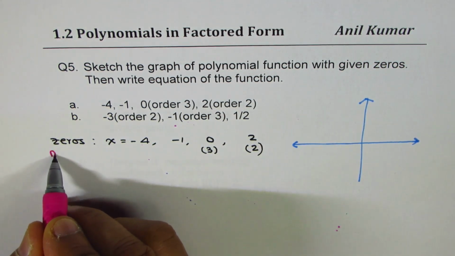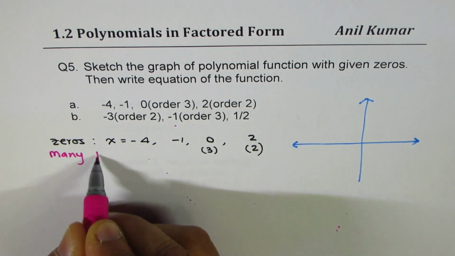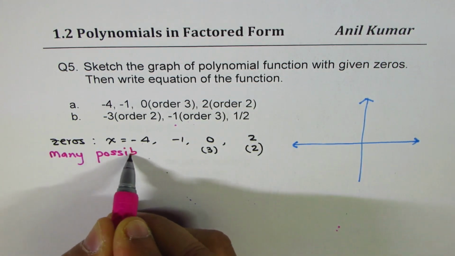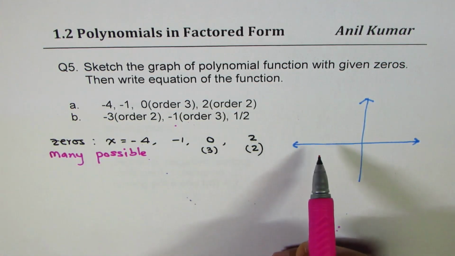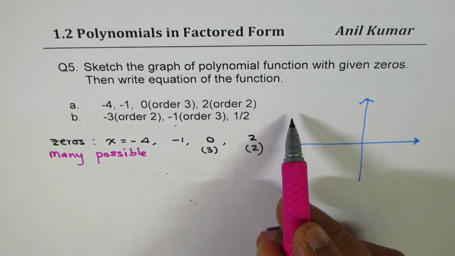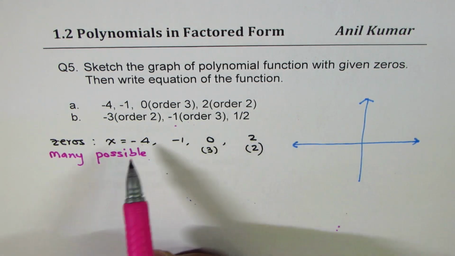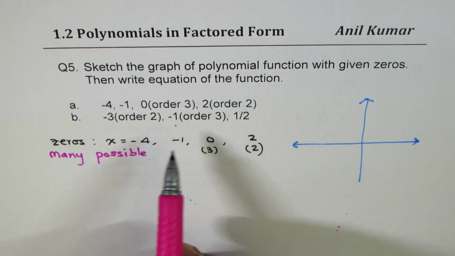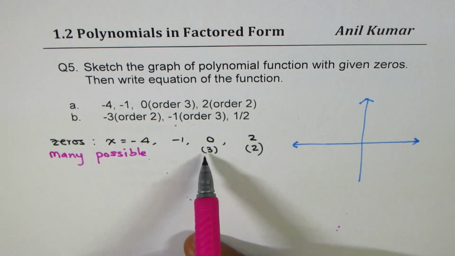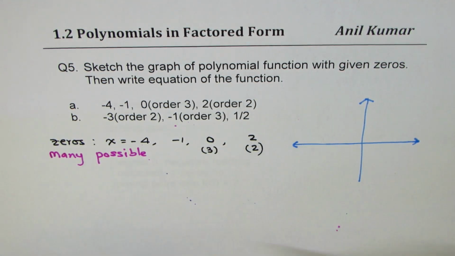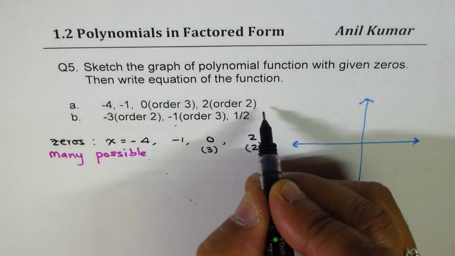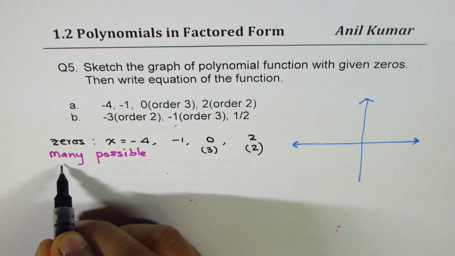So many possible graphs. Okay, now let's begin. Let's think that we'll start from this left side. Is it okay? What is the degree of this polynomial? 2 plus 3, 5, 6, and 1, 7. So we see that the degree of this polynomial is 7, right? So this polynomial is of degree 7.